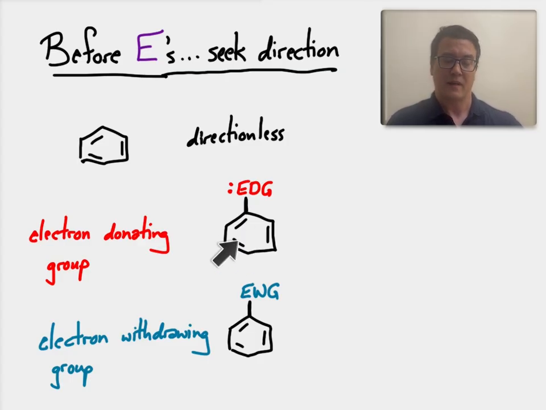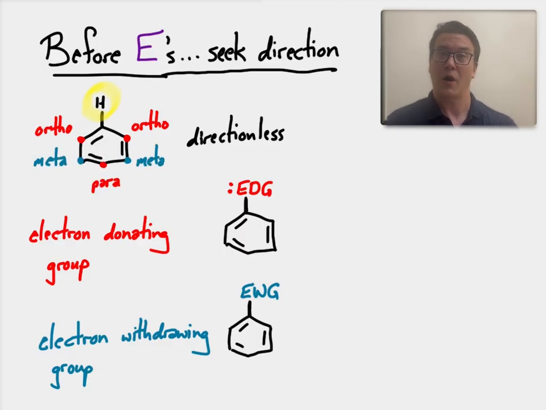So let's look at where an electron donating group is going to direct an electrophile. But before doing that, let's talk about how we name these different positions. So if this highlighted hydrogen atom at the top of this benzene ring is position 1, the two positions directly adjacent to it are called ortho, often abbreviated O. The positions next to that are meta, or M, and then the position exactly opposite of it on the ring is called the para position.